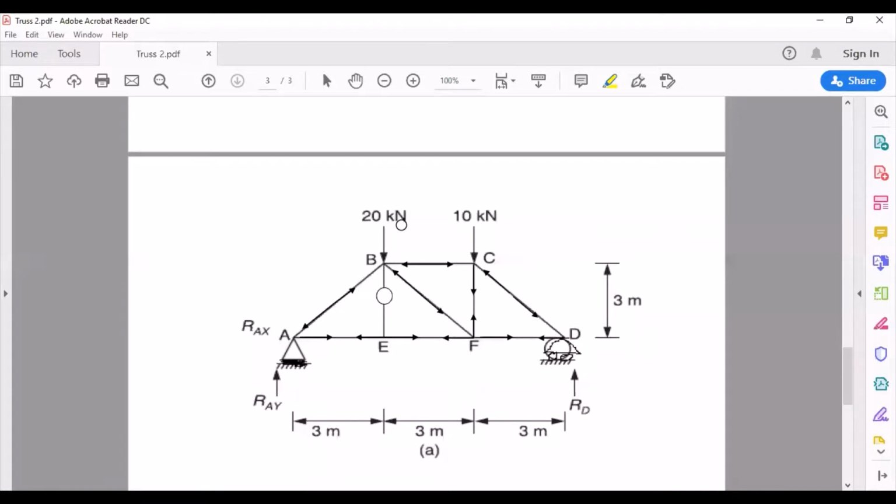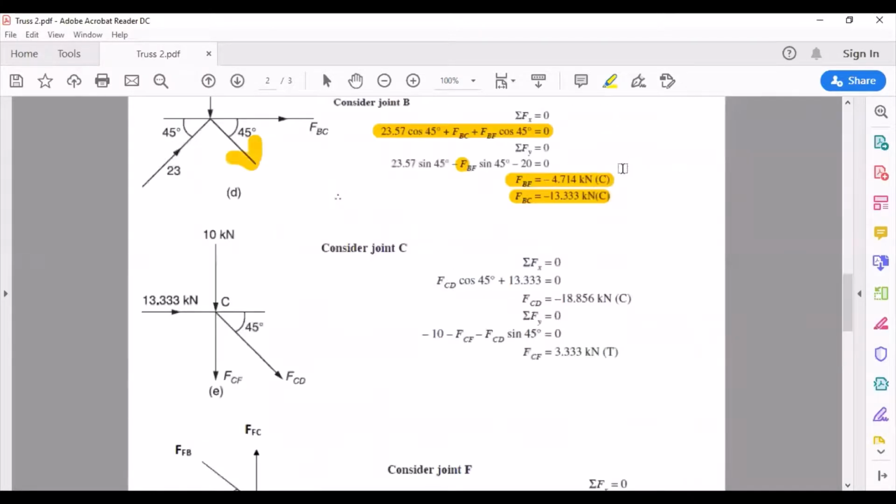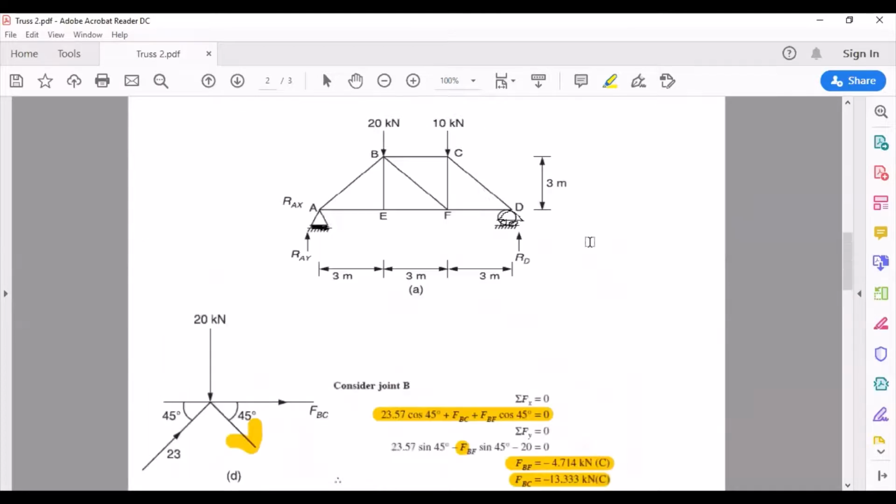I have told you, either the arrows will be moving both outwards or both inwards. So here they are outwards. Towards means they are compression. So this is a compression member. This is a compression member. So that is what is being written here. Both are compression.